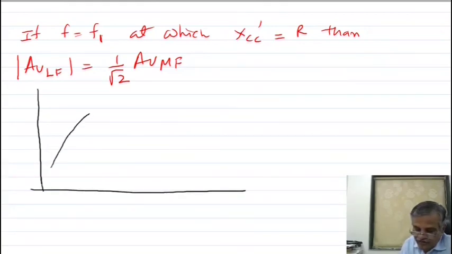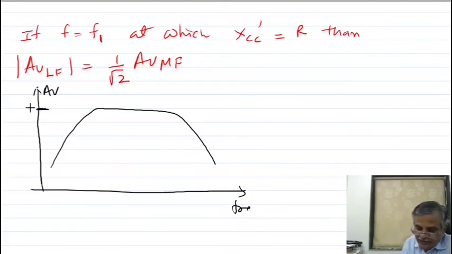Again I am showing the same graph. This is your gain axis. This is your frequency. Suppose this is a gain at mid frequency.